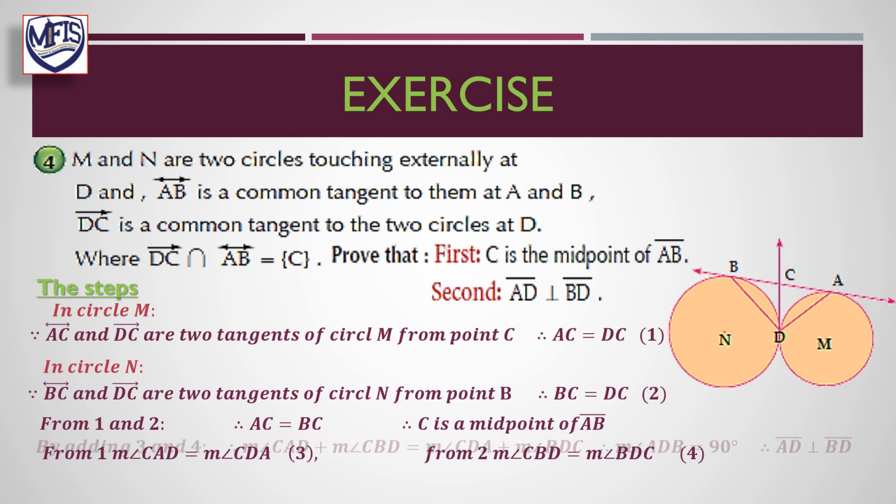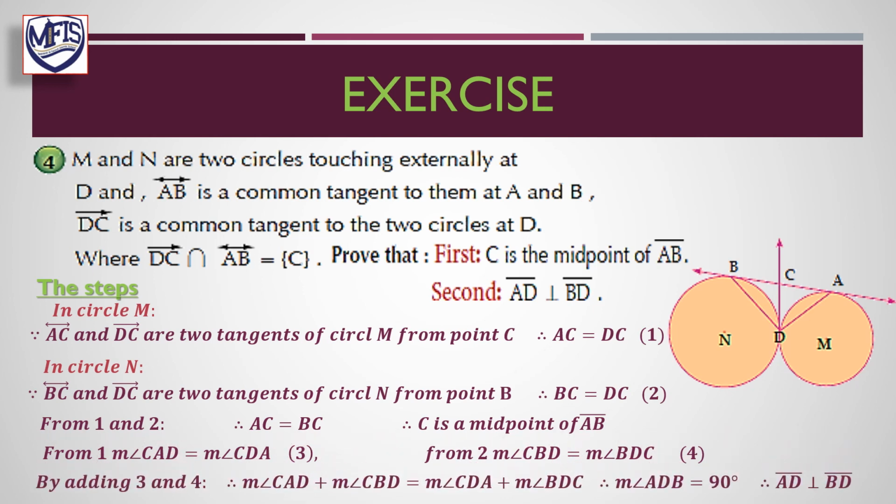By adding 3 and 4, therefore, measure angle CAD plus measure angle CBD equals measure angle CDA plus measure angle BDC. That means measure angle ADB equals 180 divided by 2 equals 90. Therefore, AD is perpendicular to DB.